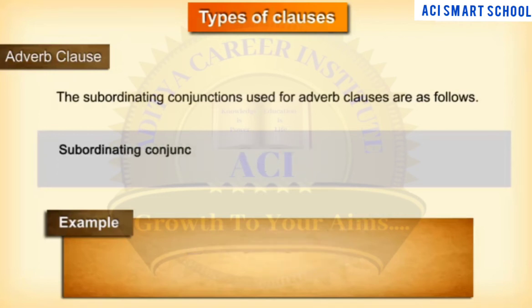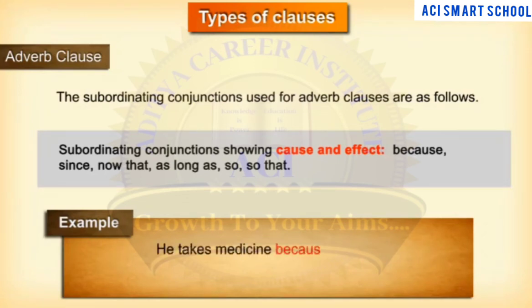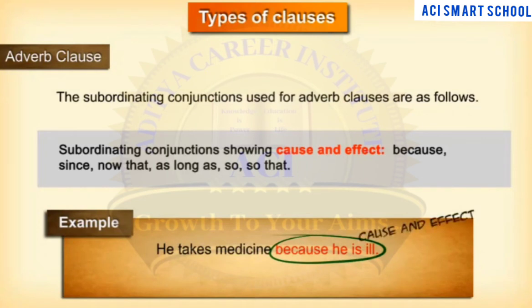Subordinating conjunctions showing cause and effect: because, since, now that, as long as, so that. For example, he takes medicine because he is ill. Here, the adverbial clause because he is ill has a subordinating conjunction showing cause and effect.